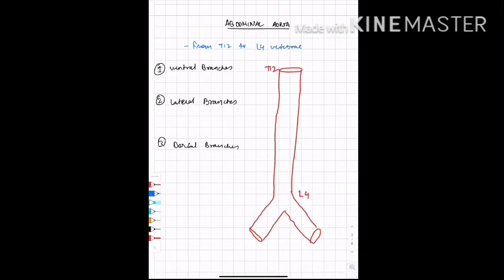The branches from the ventral part of the abdominal aorta are: first, celiac trunk; second, superior mesenteric artery; and third, inferior mesenteric artery.